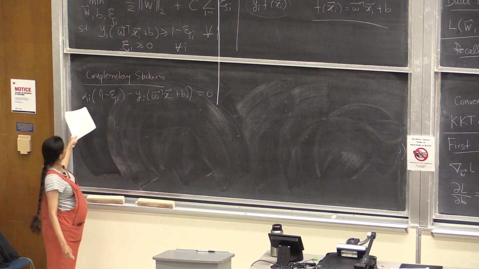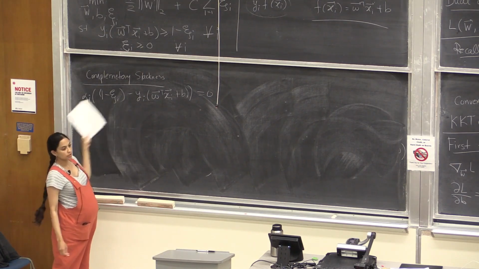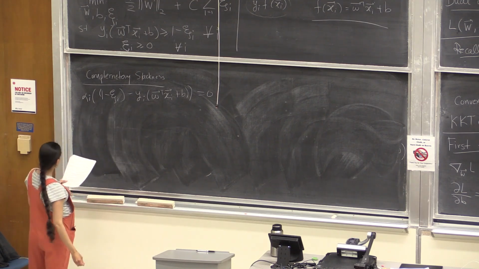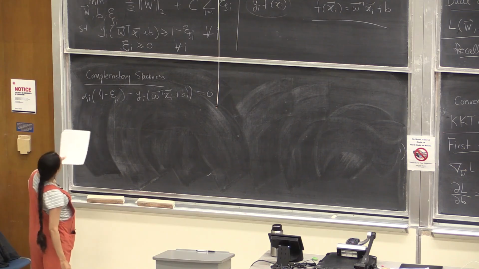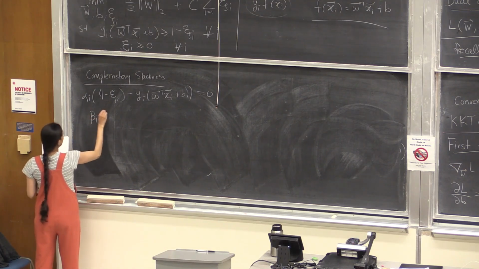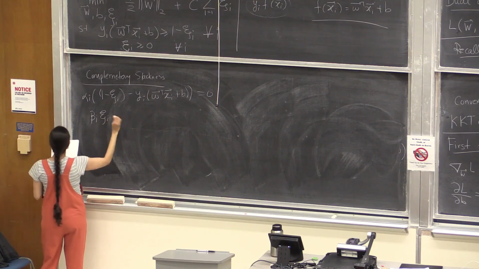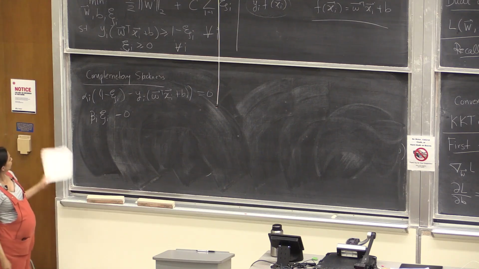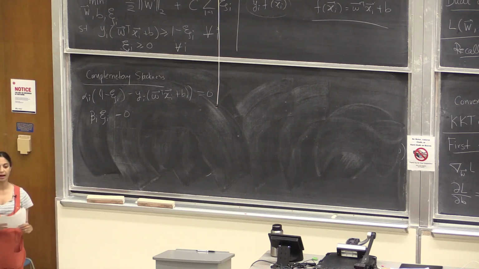The dual variable corresponding to this is alpha i, so this product must be identically 0. And the dual variables corresponding to the psi i's are beta i's, so I must have beta i times psi i equal to 0. So these are two more equations that I have, okay?